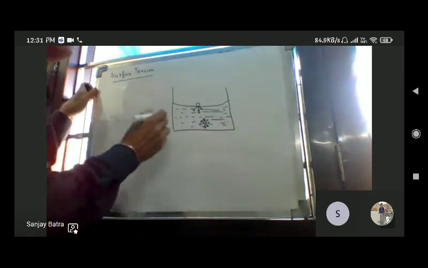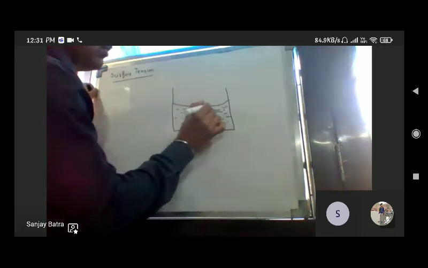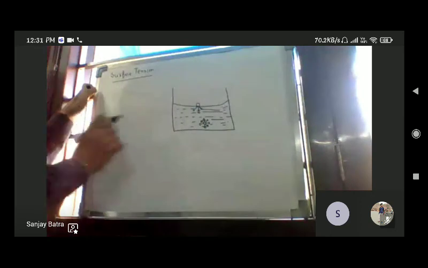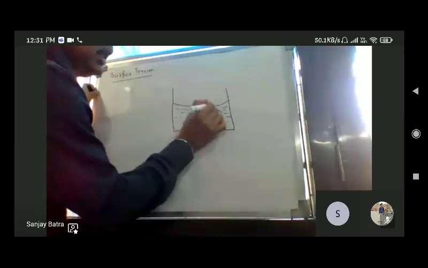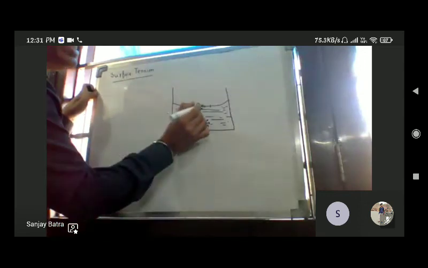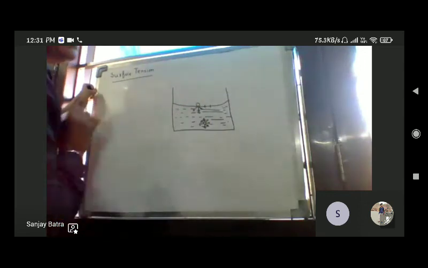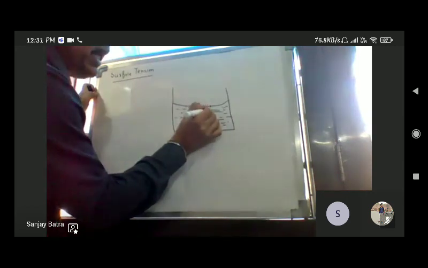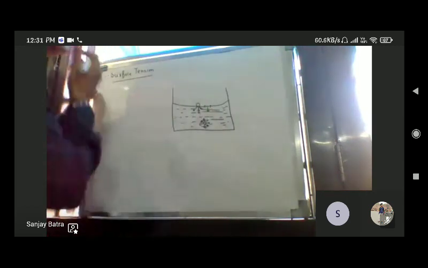So as a result, all those molecules which are on the surface experience an inward pull. This inward force acting along the surface at any line of unit distance, or you can say right angle to any line of unit distance, is known as surface tension.